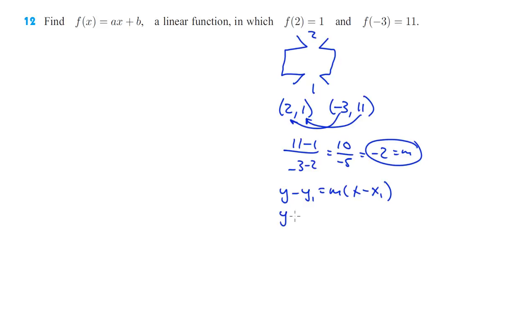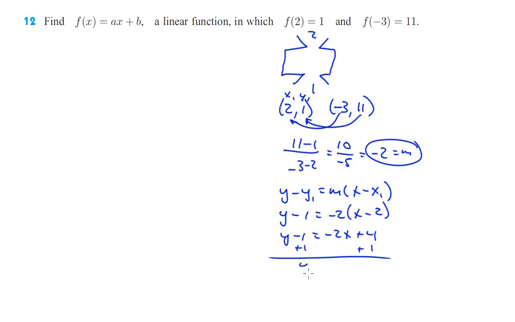I'm going to choose this one because it's a little bit nicer looking. So it's y minus 1 equals negative 2 times x minus 2. y minus 1 equals negative 2x plus 4. Add 1 to both sides, and we get y equals negative 2x plus 5.